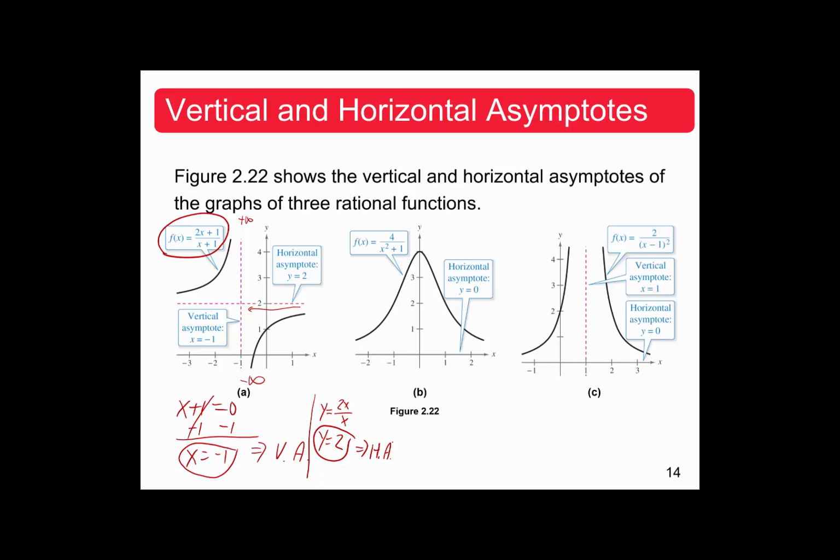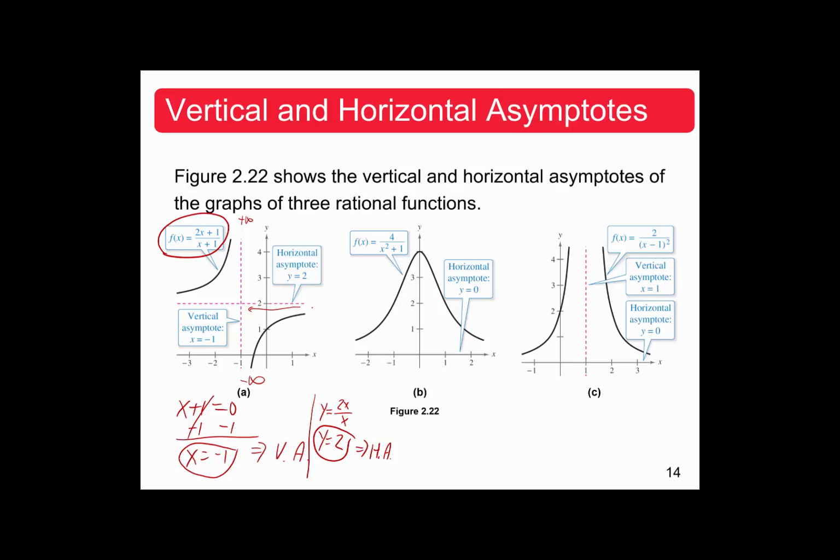And if you look at it, as the x value approaches infinity, the y value approaches 2, right? So that's a horizontal asymptote.